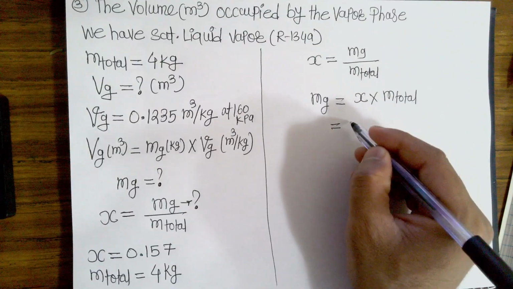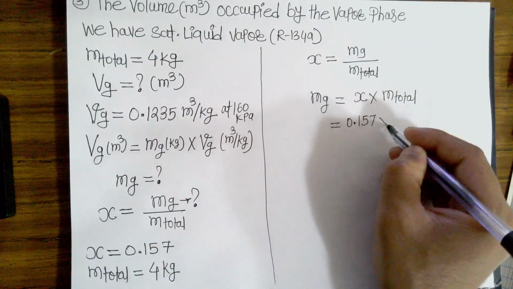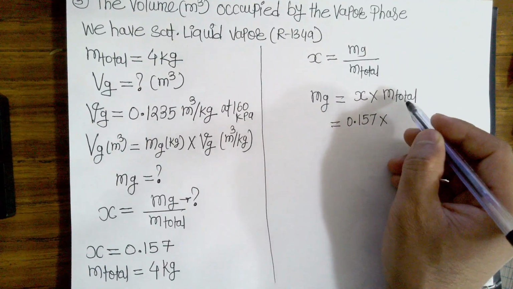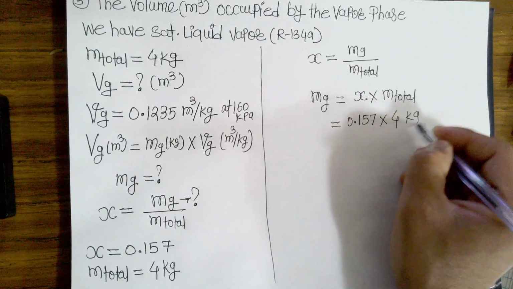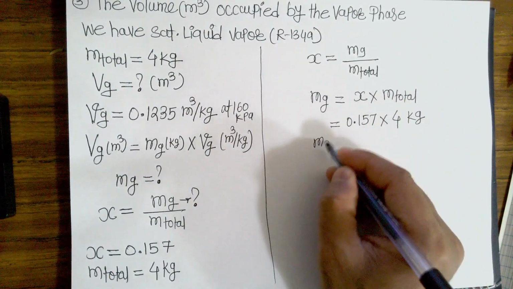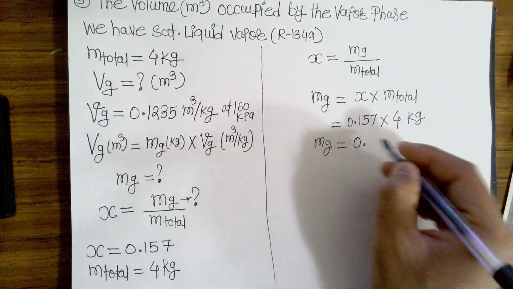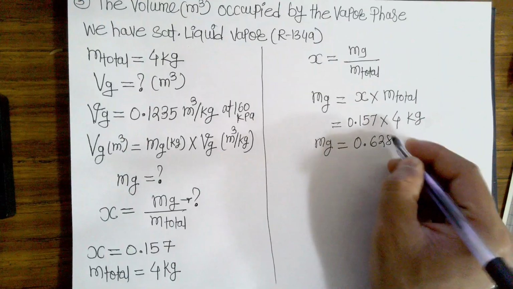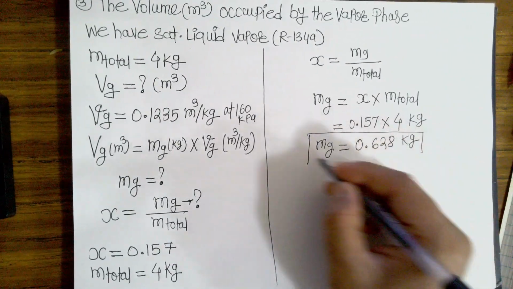Dryness fraction is 0.157 multiplied by the total mass of refrigerant, 4 kg. So the mass of vapor mg is equal to 0.628 kg.